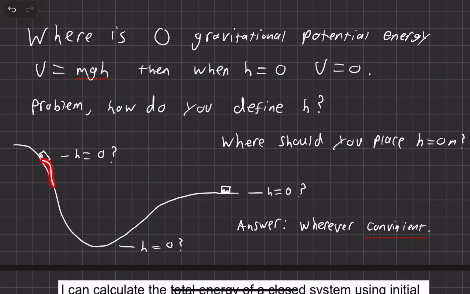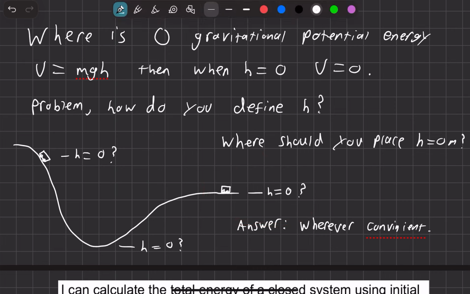Now, this roller coaster dips down and goes back up before stopping. You could set the height of 0 at the bottom of this ramp, at the lowest point this goes. That would be a valid place to put it. However, I would argue that it would be easier to set the height of 0 to be where it ends.